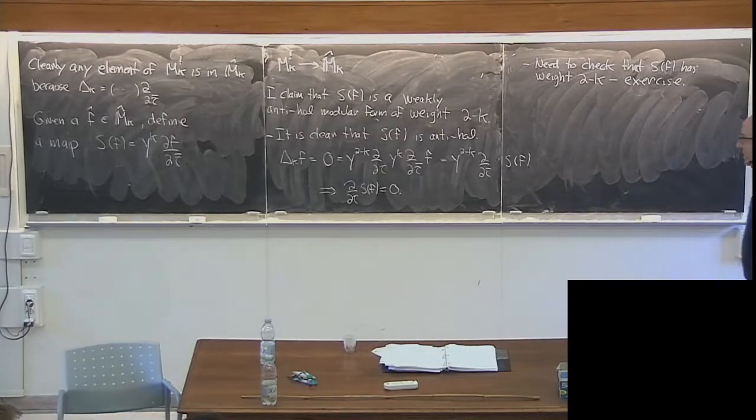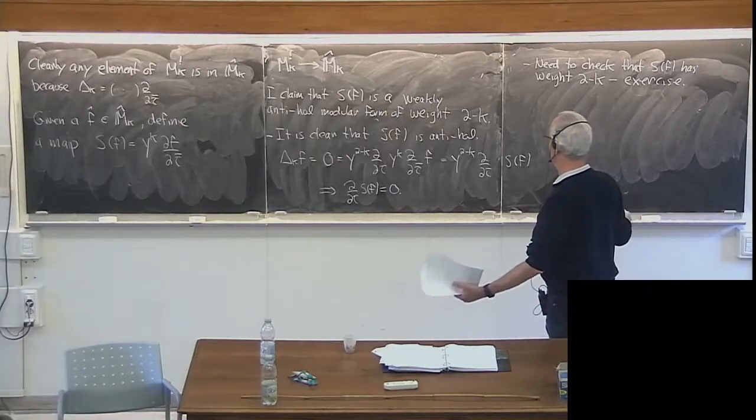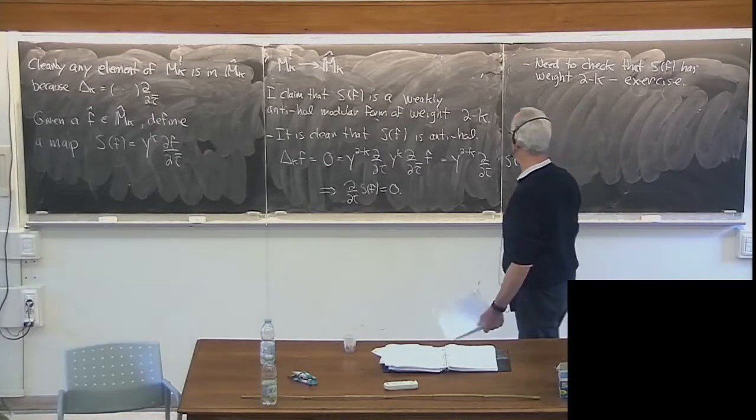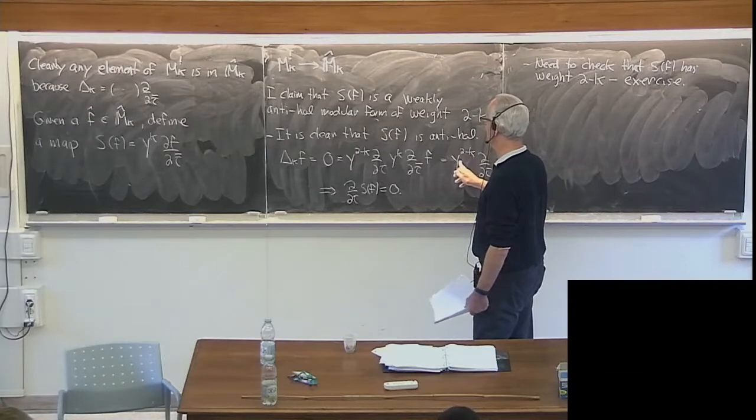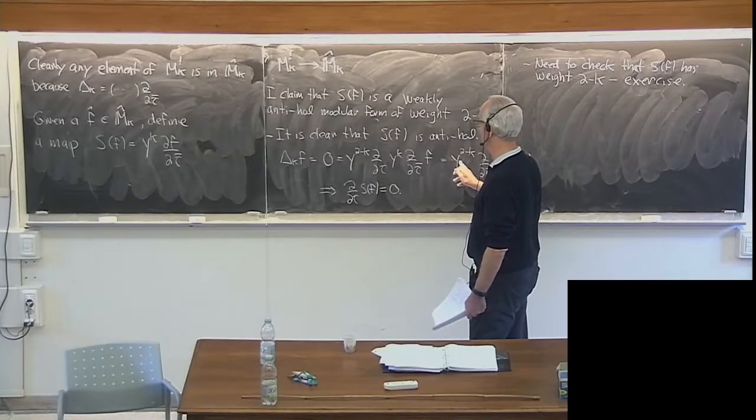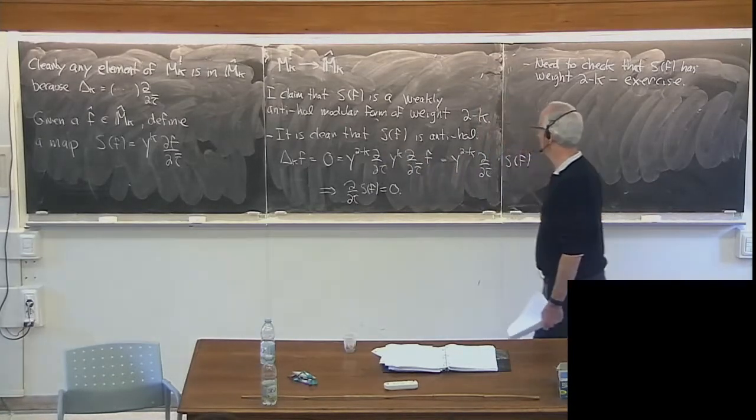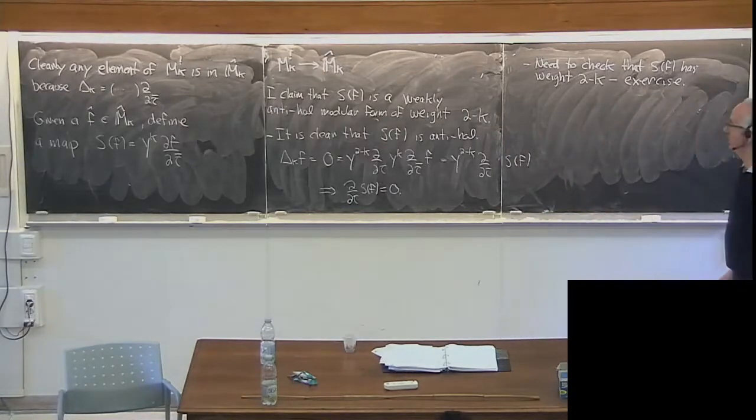It's not hard because you know how the imaginary part of tau, that is y, transforms under modular transformations, and you just have derivatives here, so it's not a hard exercise to check that.